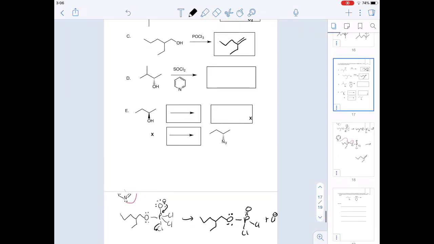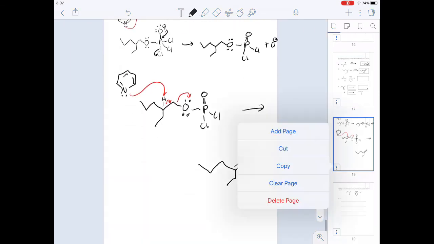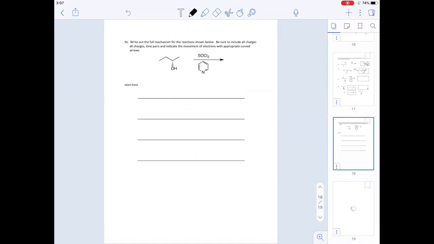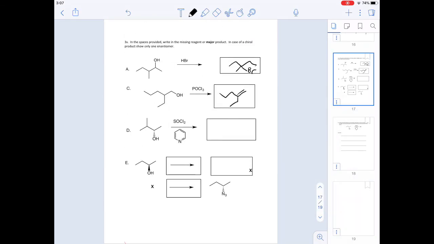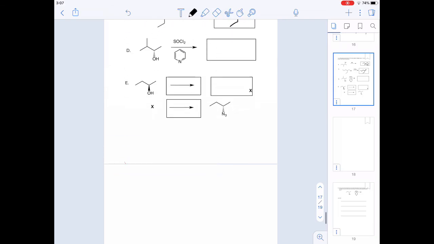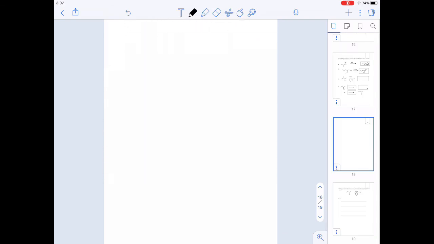So all SOCl2 does is replace the OH with a Cl, but in doing so, it's going to cause an inversion of stereochemistry.